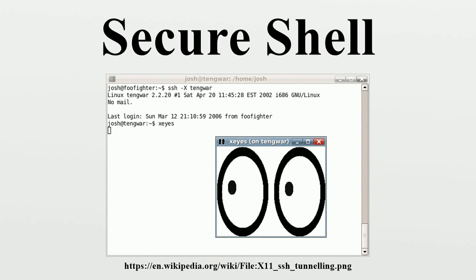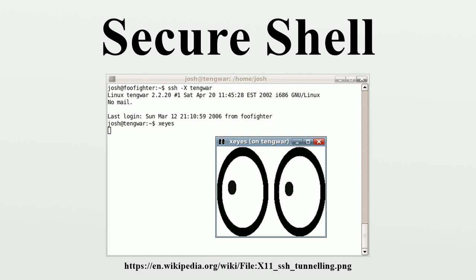RFC 5647, AES Galois Counter Mode for the Secure Shell Transport Layer Protocol. RFC 5656, Elliptic Curve Algorithm Integration in the Secure Shell Transport Layer. RFC 6187, X.509v3 Certificates for Secure Shell Authentication.